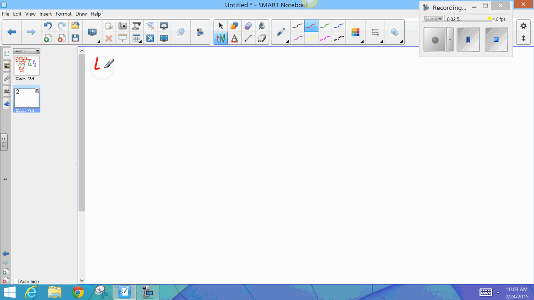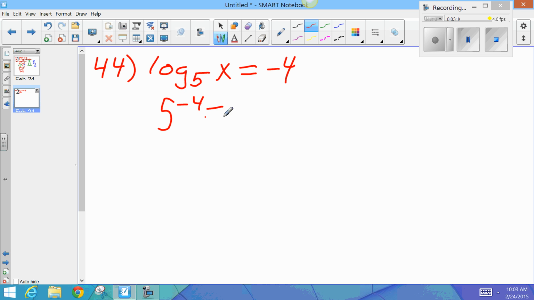Problem 44. All right, again, I'm going to rewrite this in exponential form. So I've got the base 5 to the power of -4 equals x. All right, x is alone.